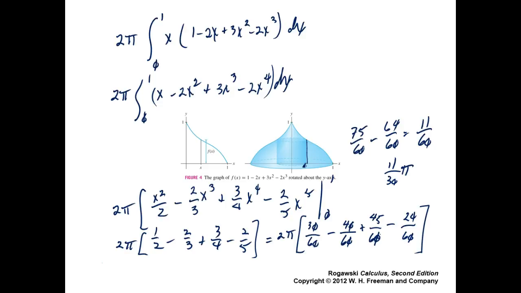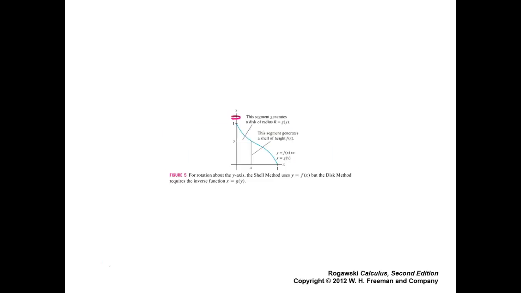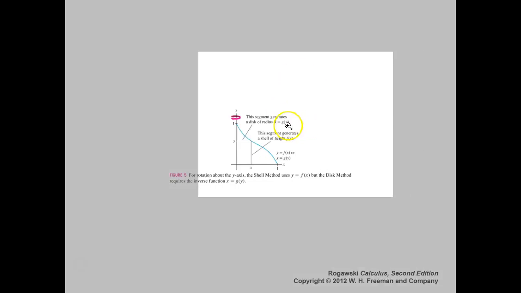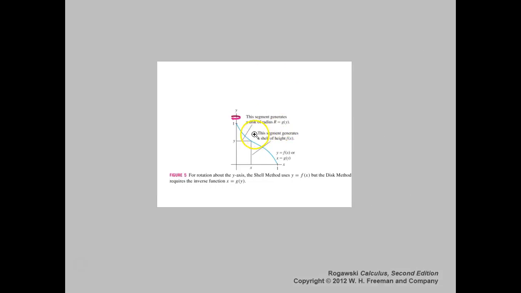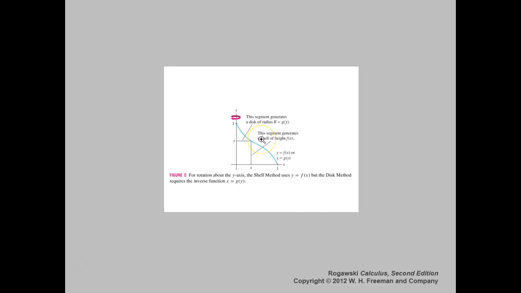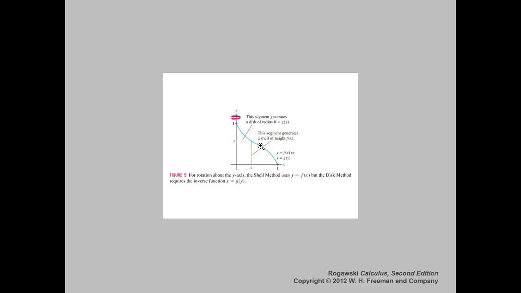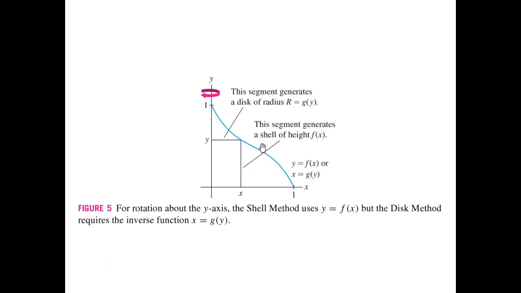All right. Now, a little bit of what they call conceptual insight here. I think that's what they show here. This isn't a particular problem. It's just what they're talking about. If you're dealing with shells or discs and you have to decide which to use, here's the deal.